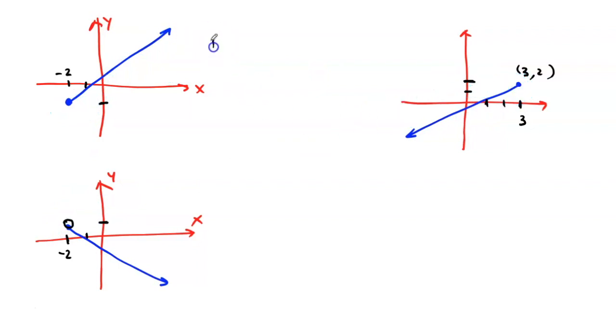So let's talk about the domain and range of each one of them. Domain, x, starts on my left side at -2. It's closed, bracket. To the right, I have an arrow going to the right. This goes to the right and this goes up. So that arrow counts as going to the right and going up.